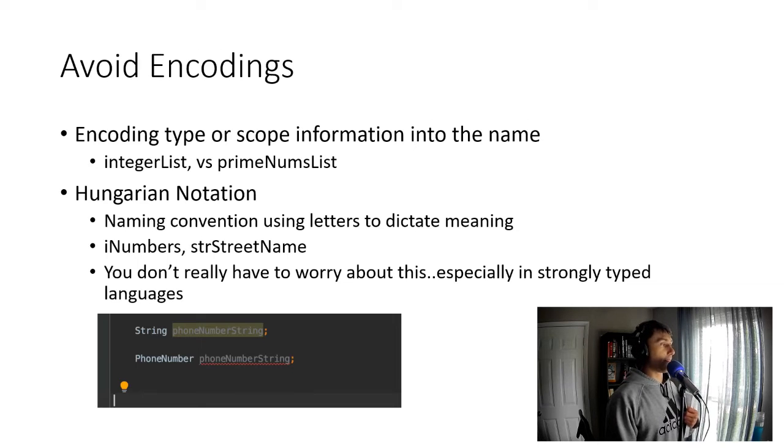Well, this might be a little bit too redundant, too much information, because a programmer is going to know the type of the variable just from you having it at the beginning of your line in the code, list integer, right? Like here in my example, string phoneNumberString. People are going to know it's a string just by you declaring it a string. So you don't need to say phone number string at all.